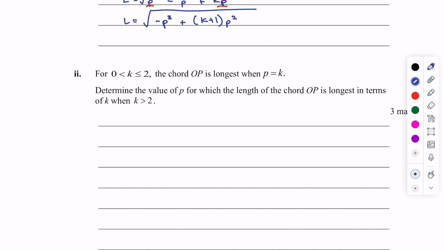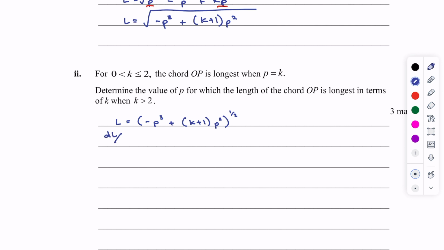What we're looking to do is to differentiate L, the length. I'm going to put minus P cubed plus K plus 1 P squared, and write it to the power of a half. This just helps us to use the chain rule to differentiate.